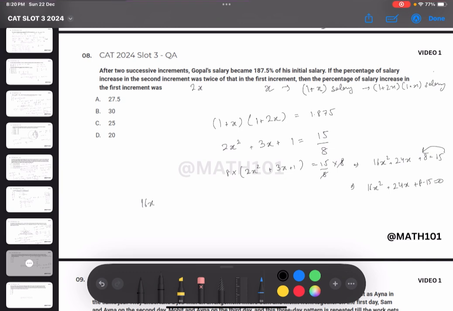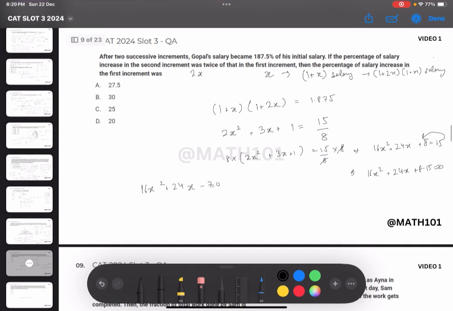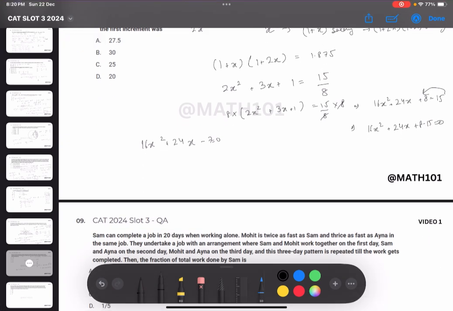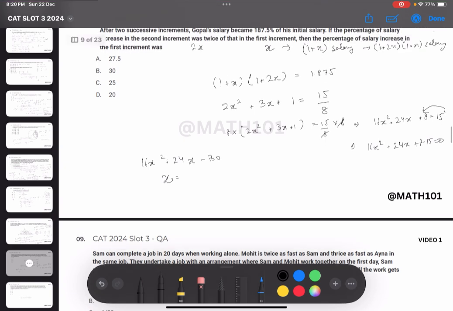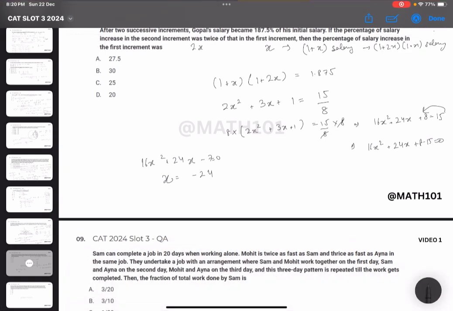We have 16x square plus 24x minus 7 equals 0. x equals minus 24 plus minus under root of 24 square, which is 576, minus 4 into minus 7 into 16, upon 2 into 16.